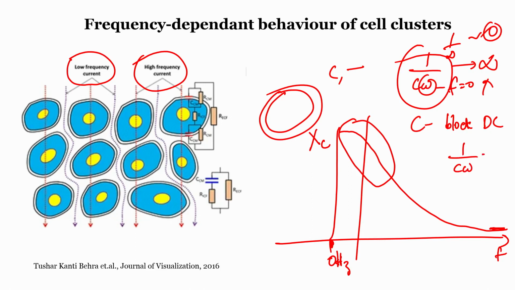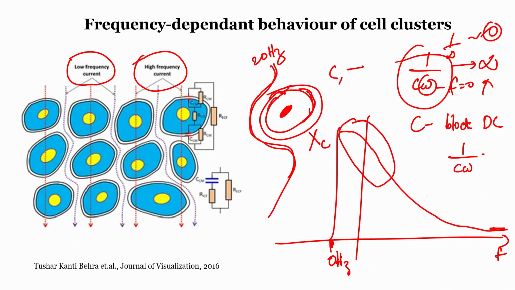So, because of that, at the first instance when the cell sees an alternating current, if it is of a very low frequency, let us say 20 hertz, the membrane itself offers very high resistance or impedance to the flow of current, so the current skips the cell and goes around the lower resistance path, because outside the cell this is just a resistance, right.